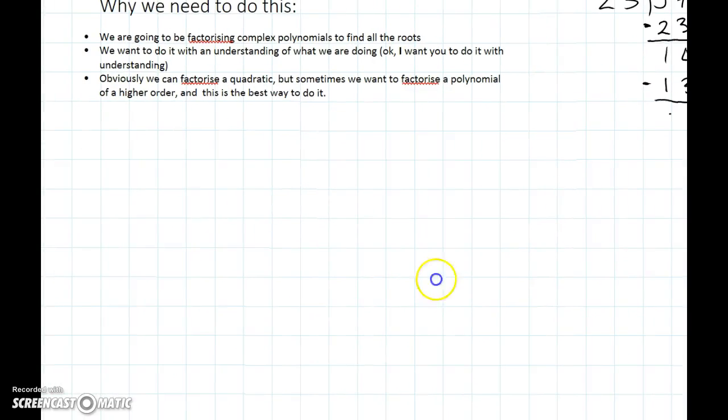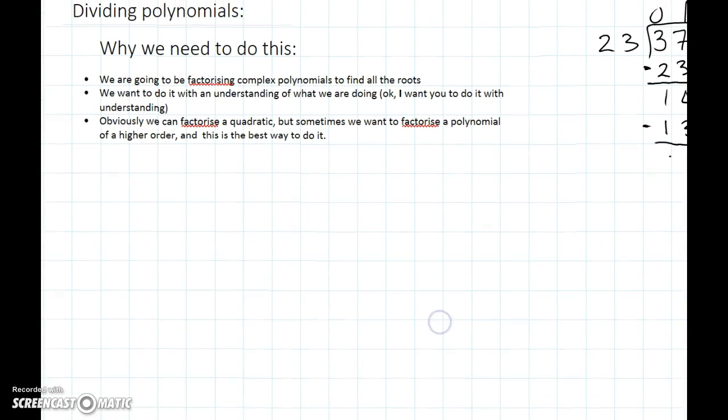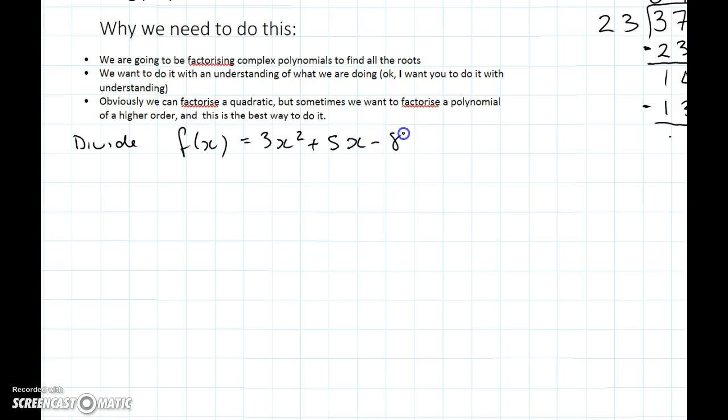Let's look at how it would look if we were using a polynomial. So say I was going to divide some polynomial f of x, which is 3x squared plus 5x minus 8, by x minus 2.